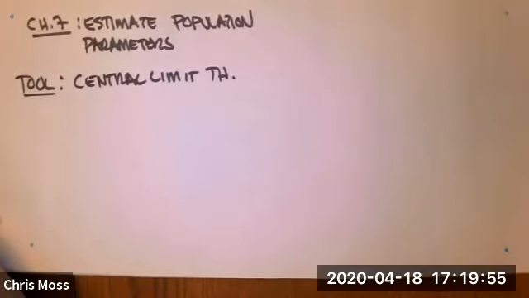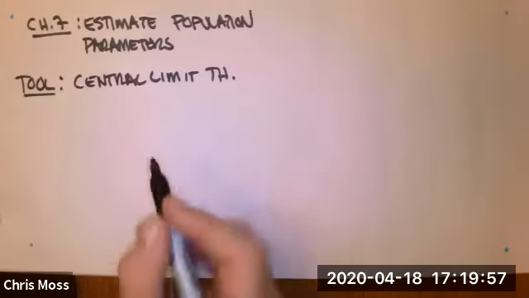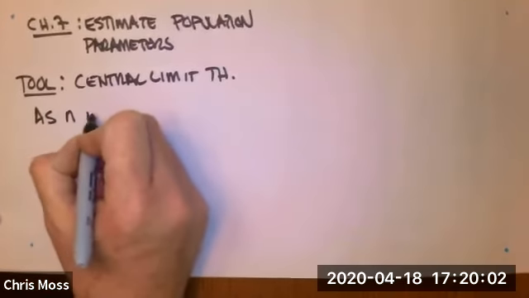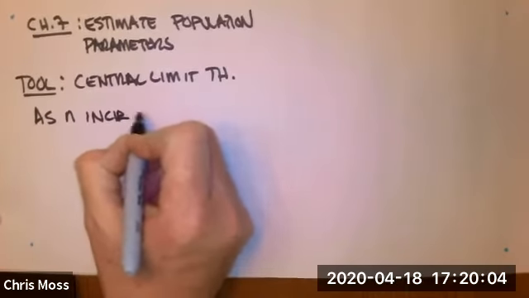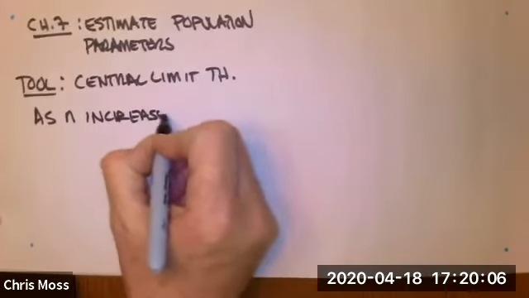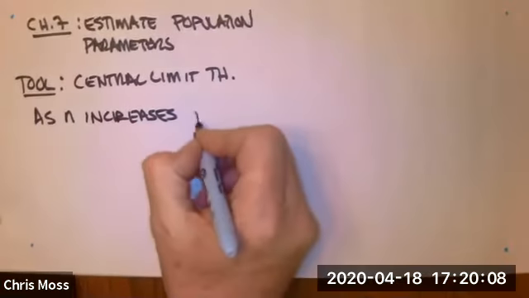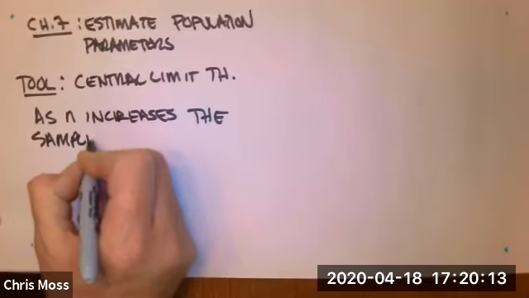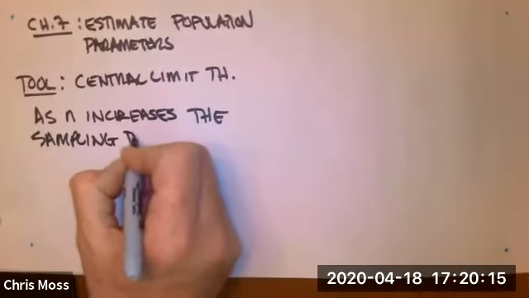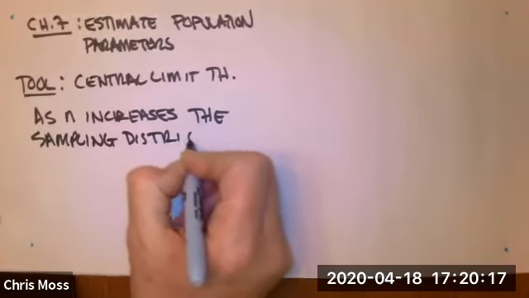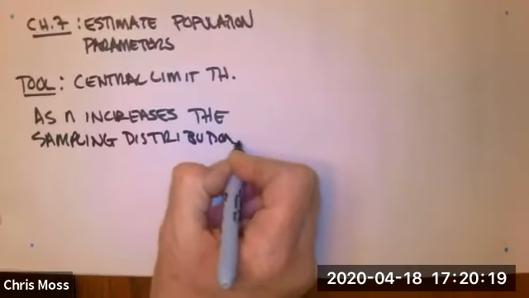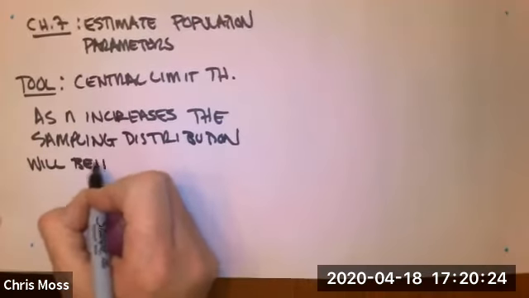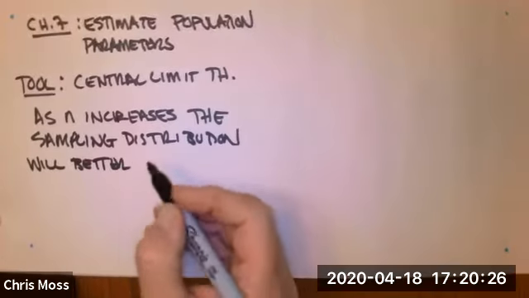Now, that central limit theorem, I'll remind you that as n, that's your sample size, increases, the sampling distribution will better approximate the true population parameter.